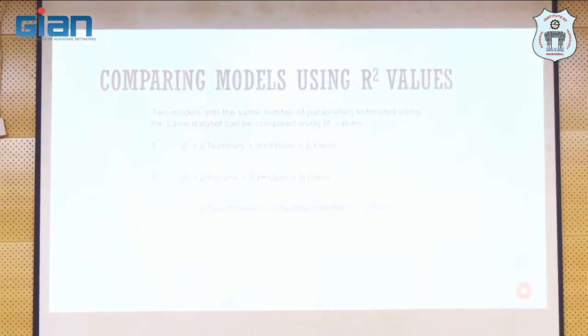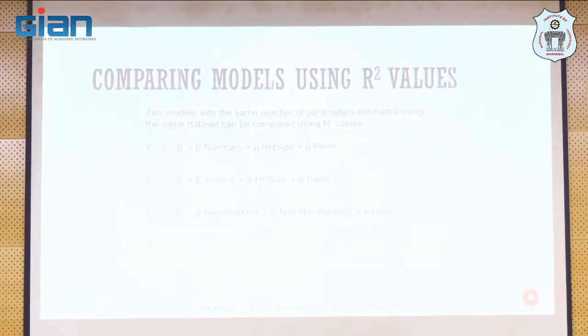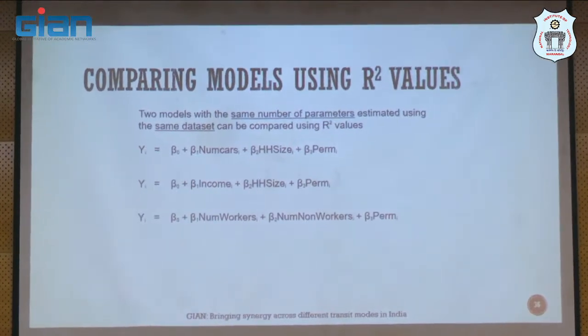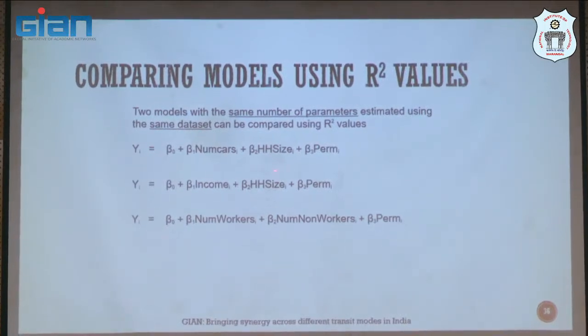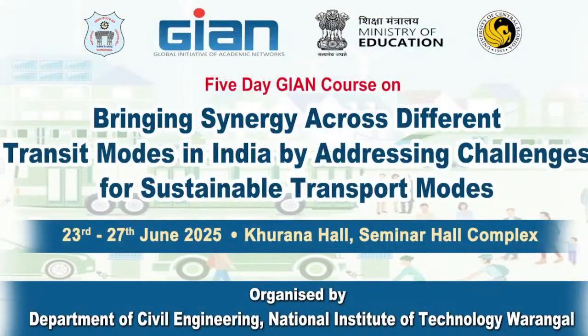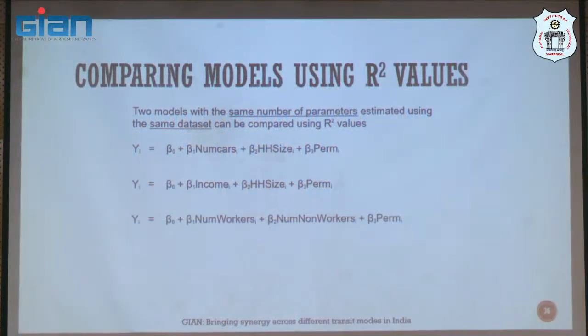Their behavior will be very different from people who live there throughout the year, so we're trying to capture that with this. Here I have number of cars, household size, and permanent. Instead of number of cars, I'm using income, household size, and permanent. And instead of household size and income, I'm using number of workers, number of non-workers, and permanent. So let's say I ran all of these three models. Whichever model has the higher R square, I can select as the superior model.